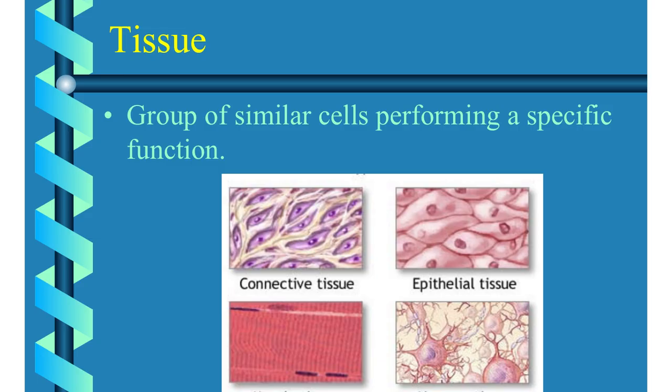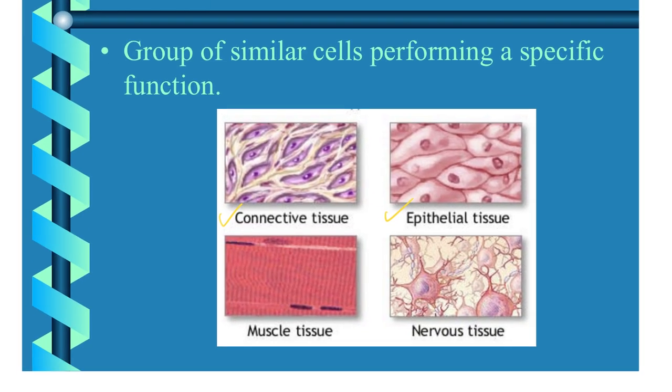Okay, so like I said before, an organ consists of tissues. Tissues are composed of cells that have differentiated in similar ways so that they can all perform a very specific function. Connective tissue would be like bone or cartilage. Epithelial tissue would be like skin.